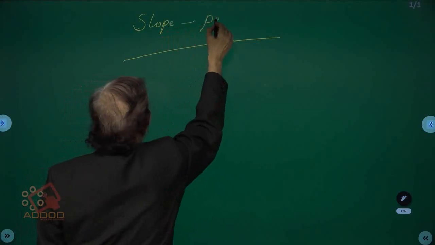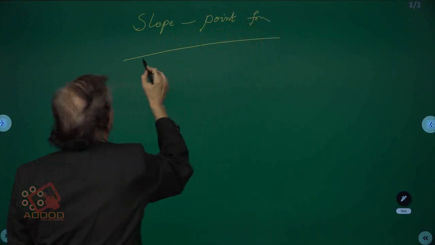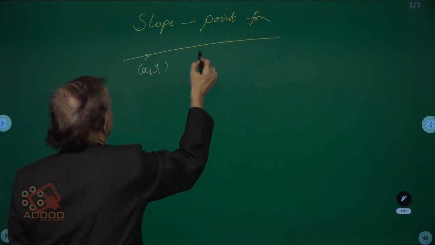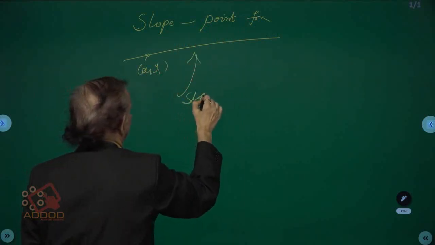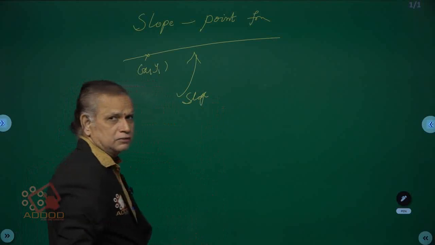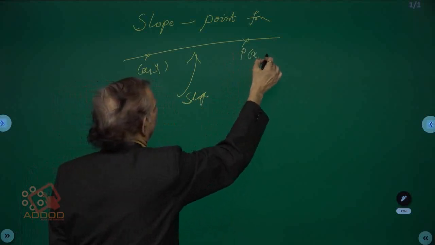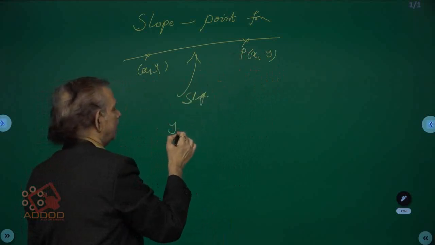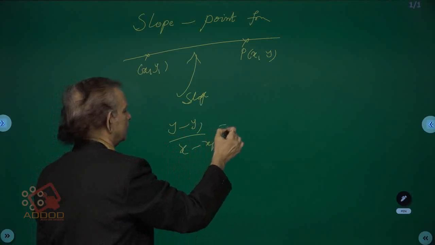Slope point form. One point will be given, slope will also be given, slope m. What is the equation? Simple, take a point say P. What is the slope here? y minus y1 by x minus x1 is equal to m.